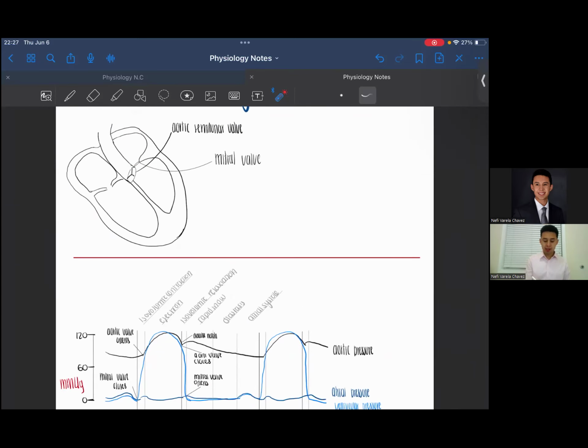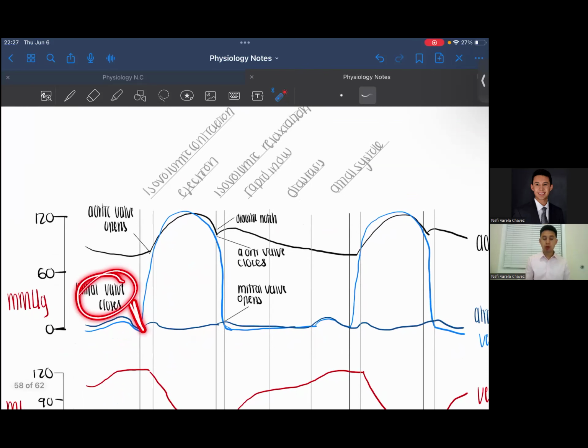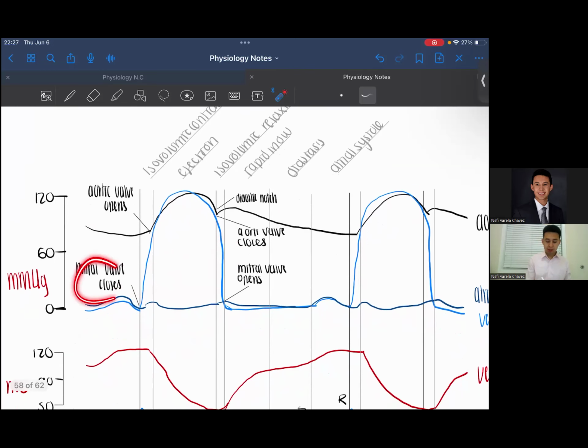And then we're gonna see this valve closing, okay? This mitral valve is gonna close, and it has a characteristic sound that is really important in healthcare, that is described as lub, okay? So that's going to be the mitral valve closing.